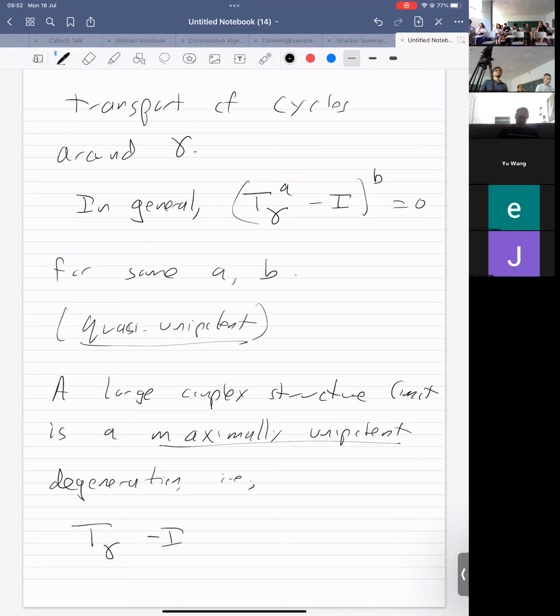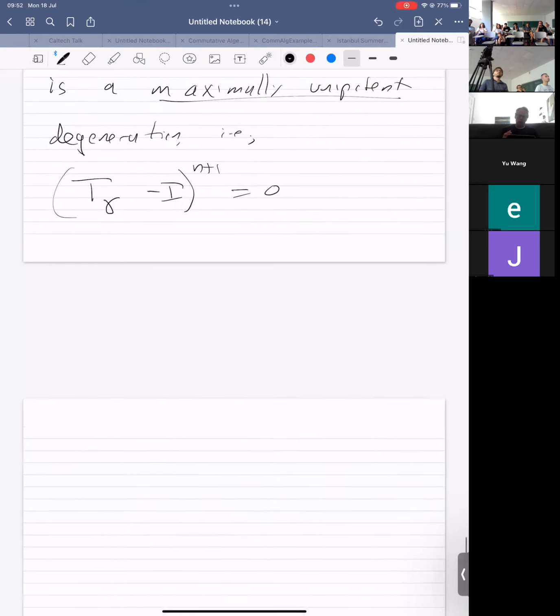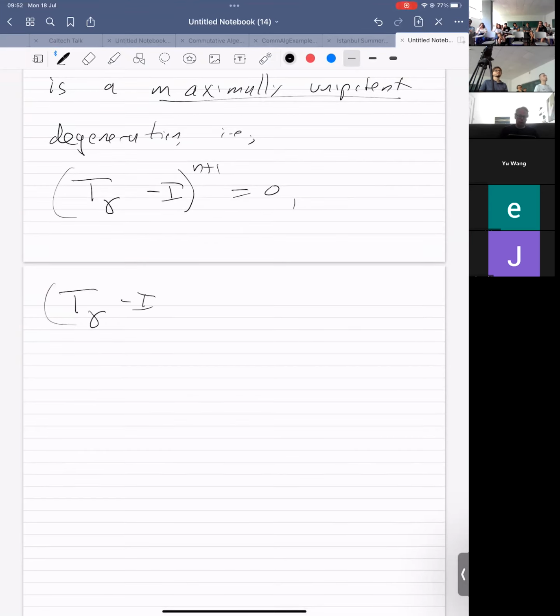And the power we need to take to kill off T_gamma minus I is n plus 1. So (T_gamma minus I) to the n plus 1 is 0, and (T_gamma minus I) to the n is non-zero. Here n is the dimension of the Calabi-Yau.